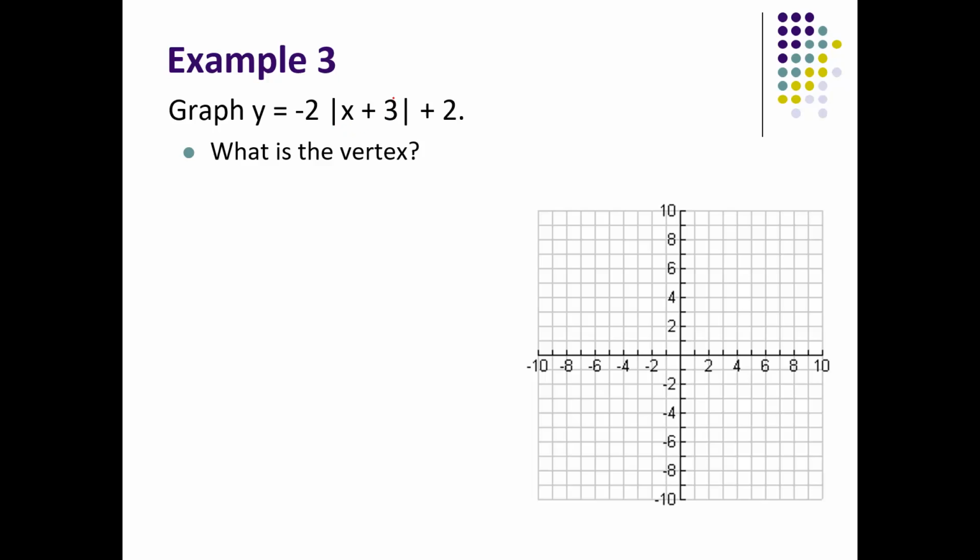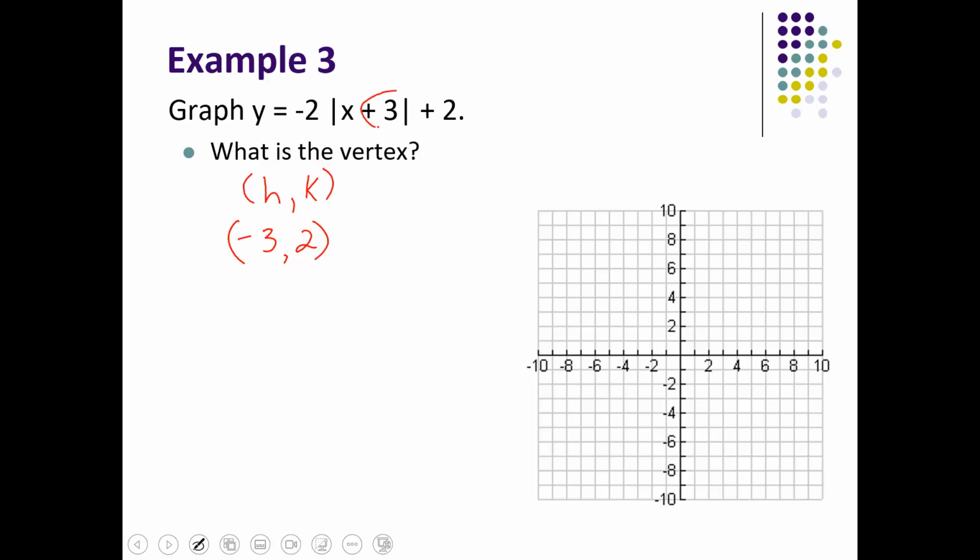Remember, to find the vertex, we look at our h, opposite of h, so it's h comma k. And our vertex would be negative 3 comma positive 2.